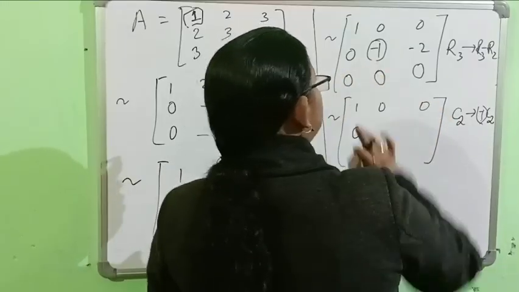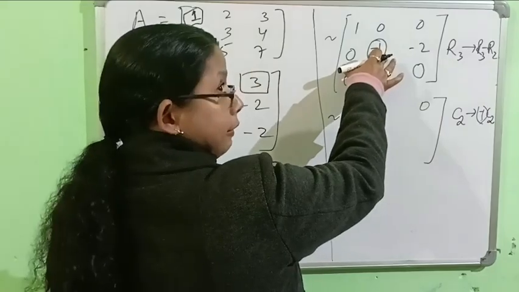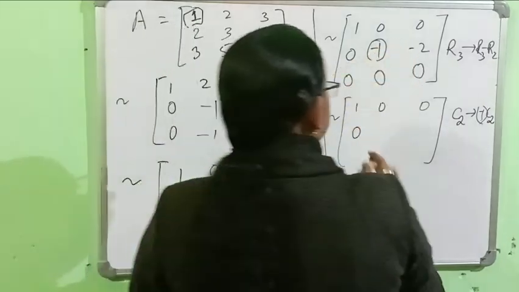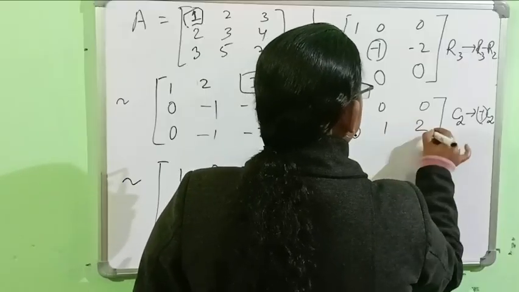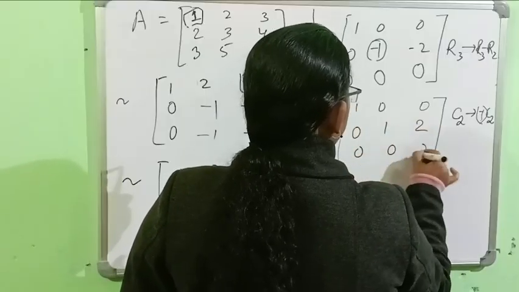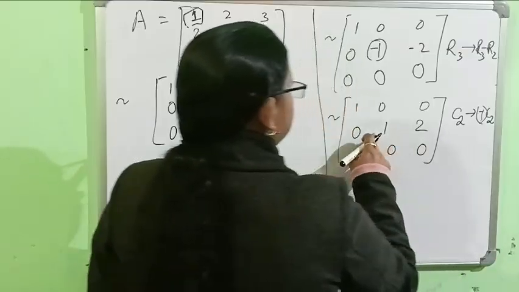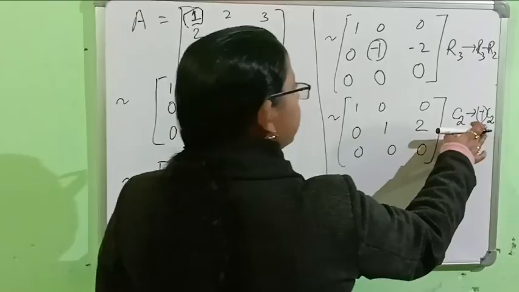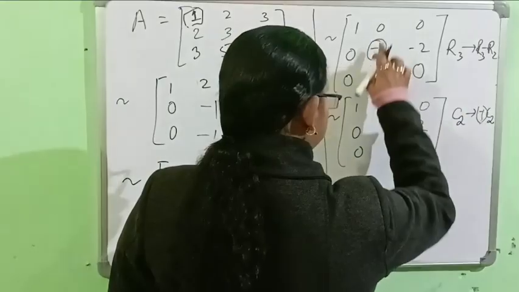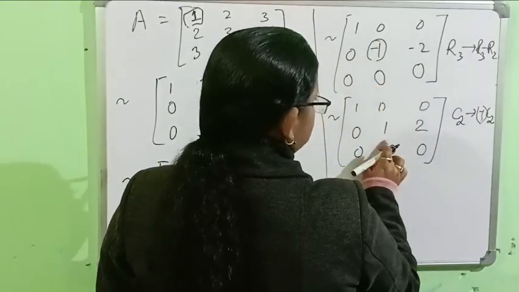As my intention is to make the identity matrix, I make this 1. To make it 1, I multiply this by minus 1, so the whole column becomes 0, 1, 0.